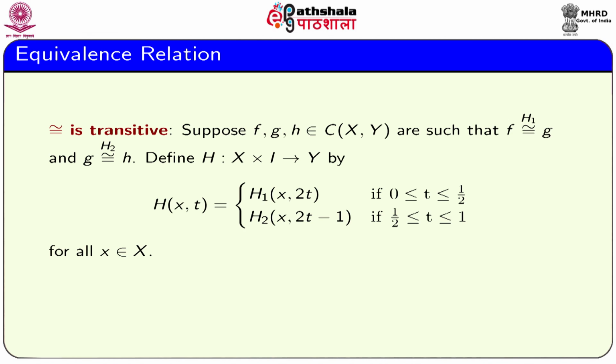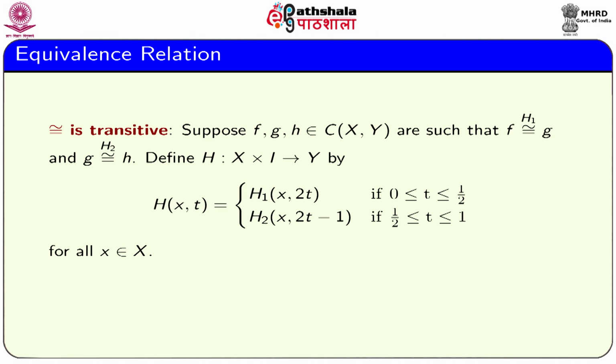In the first portion, that is from 0 to half, we define h by means of capital H1, and in the second half, that is when t varies from half to 1, we define capital H by means of h2.